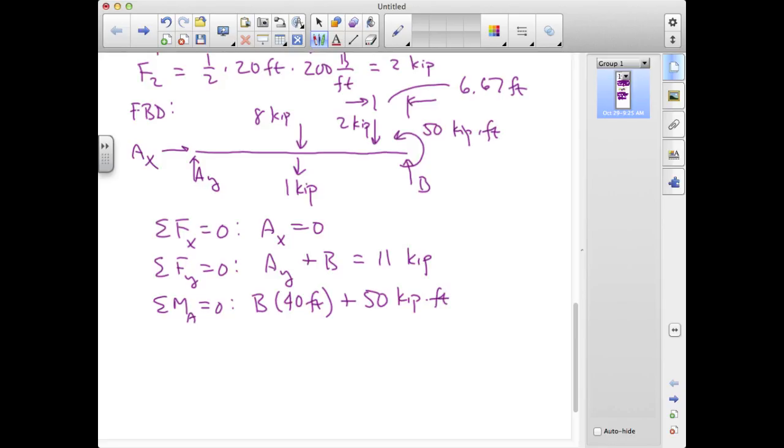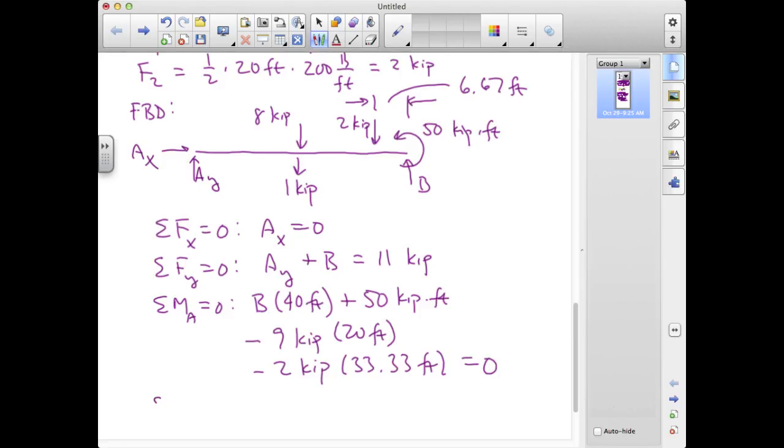We have a total of 9 kips acting through the midpoint of the beam, so we have minus 9 kips, because it's a clockwise moment, times 20 feet. And then we have minus 2 kips times 40 minus 6.67, or 33.33 feet. That sum is equal to 0.